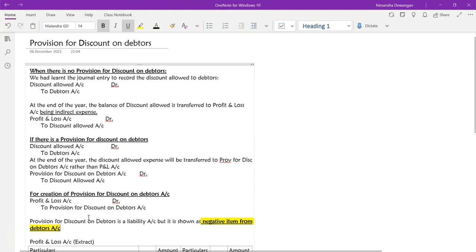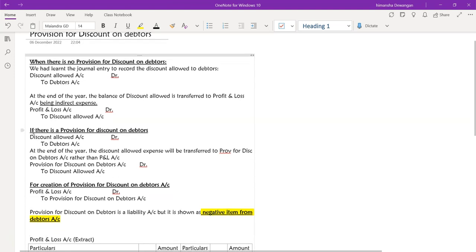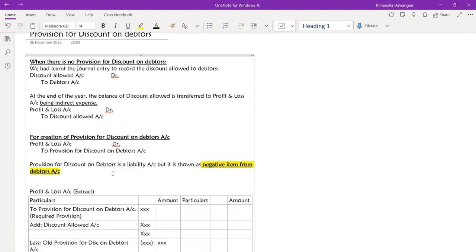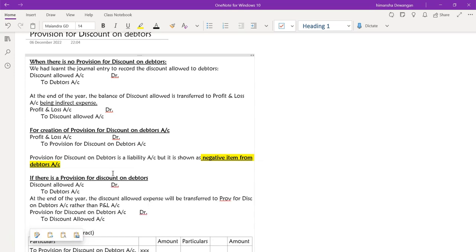Can you see here, Richa? Yes, ma'am. All right. So when we have created this provision, then what will happen? We are going to charge this discount in our provision for discount on debtors account, not in the P&L account. Can you see the similarity between this and provision for doubtful debts?